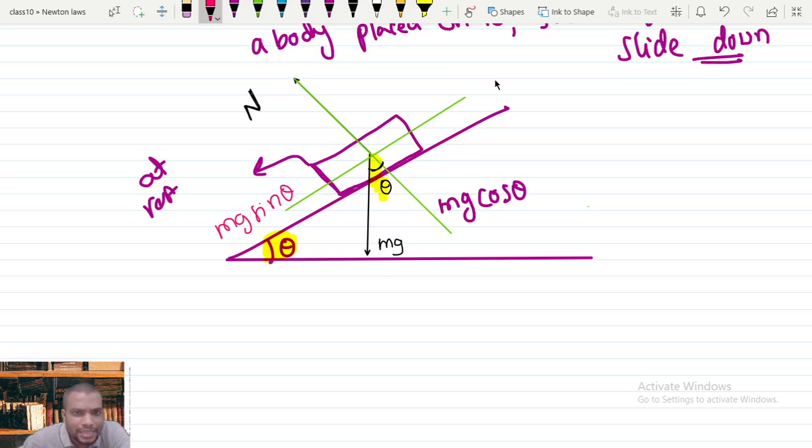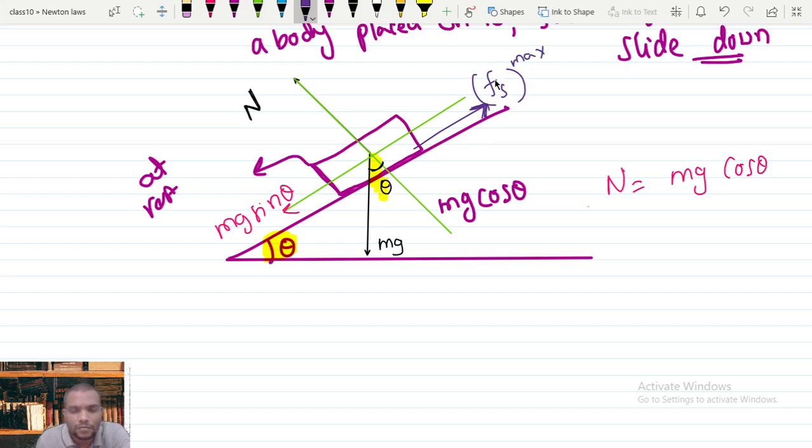Since the object is at rest, the sum of the forces should be zero. Now the normal reaction force N equals mg cos theta, and there is one more force which I have not represented yet. This force acting in the backward direction is Fs max, the limiting friction.